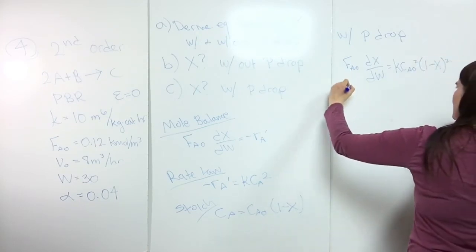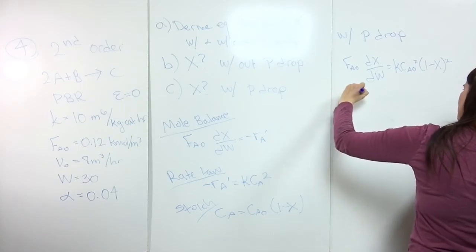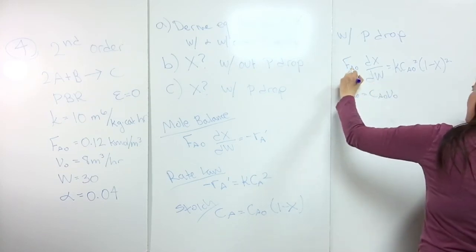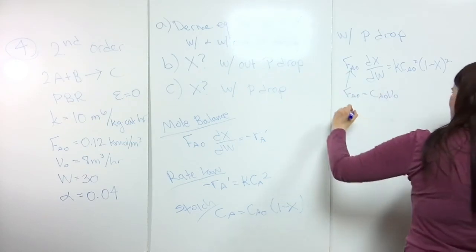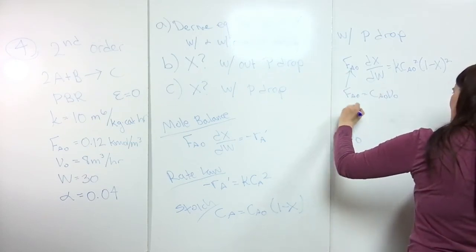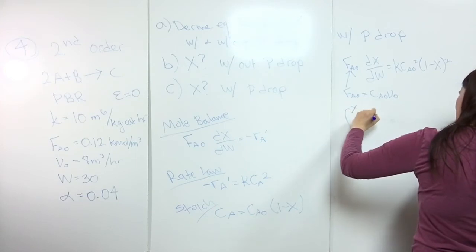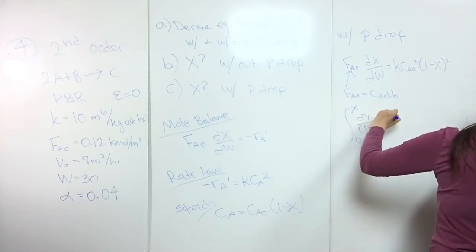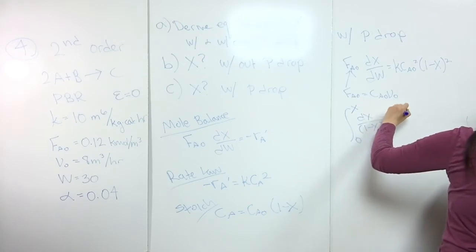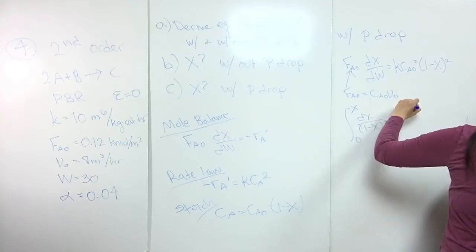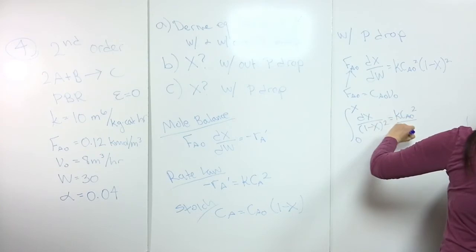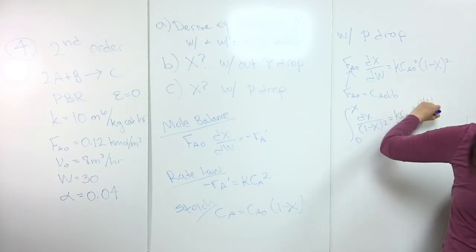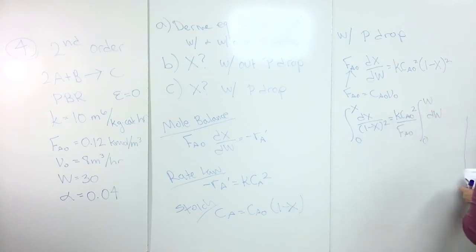And then FA naught is equal to CA naught V naught. I can separate and integrate this, and I'll get the integral from 0 to x of dx over 1 minus x squared is equal to K CA naught squared over FA naught times the integral from 0 to w of dw.